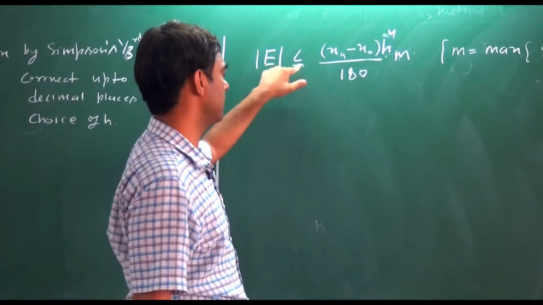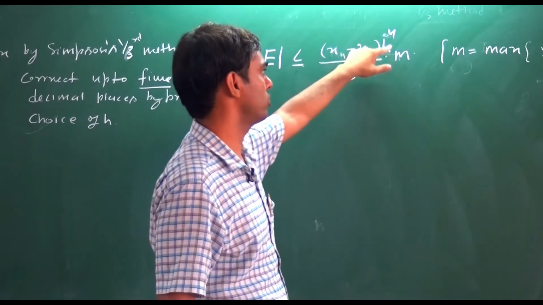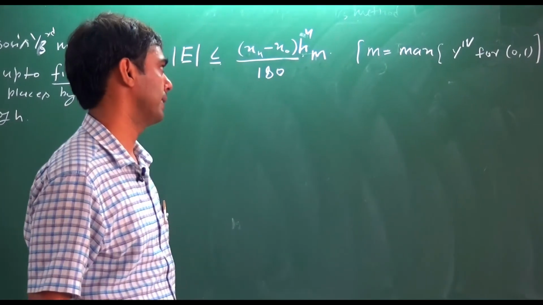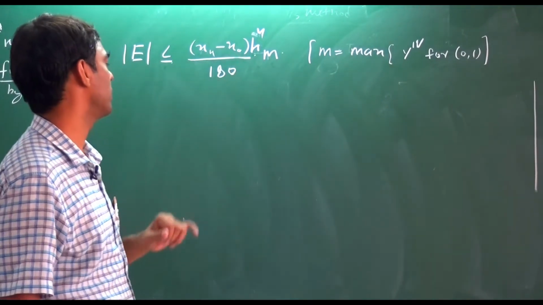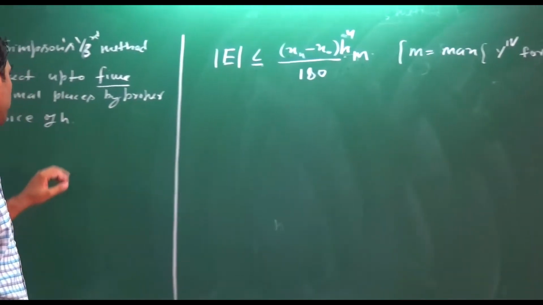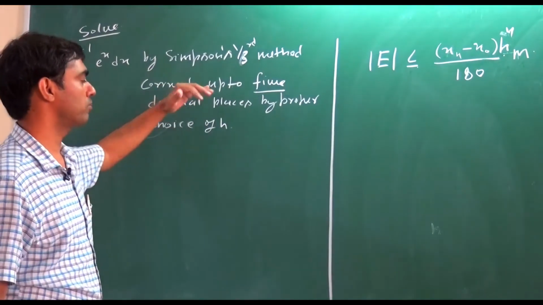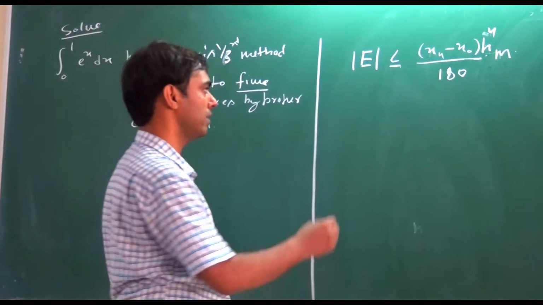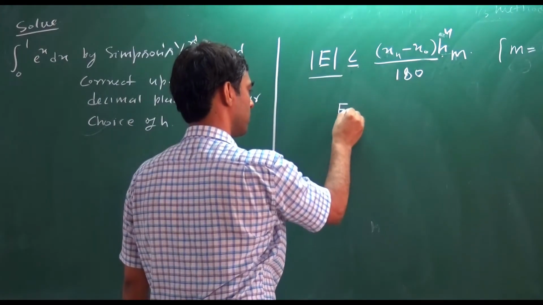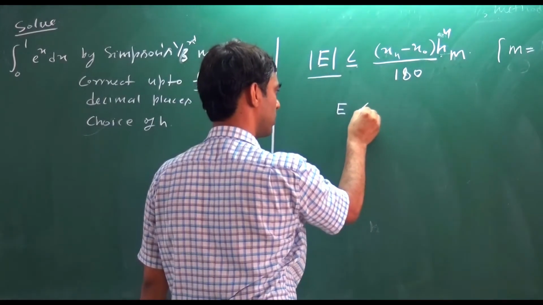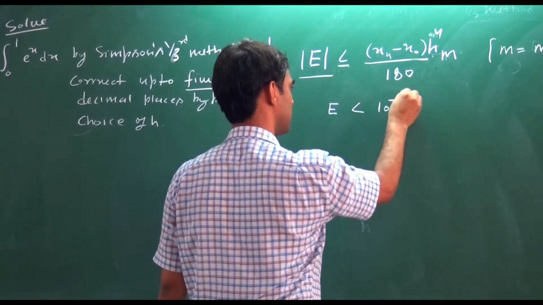Here there is a need to find the value of h, and E is correct up to 5 decimal places. Then E, the error, must be less than 10 to the power minus 6.